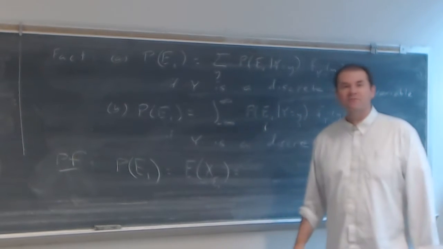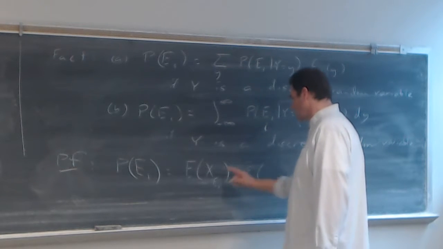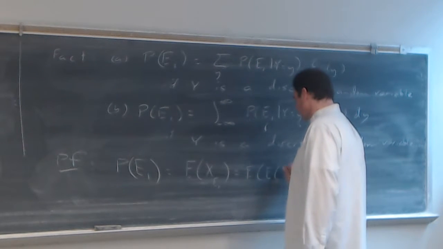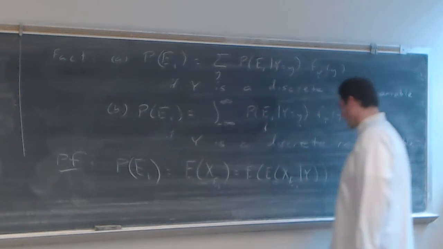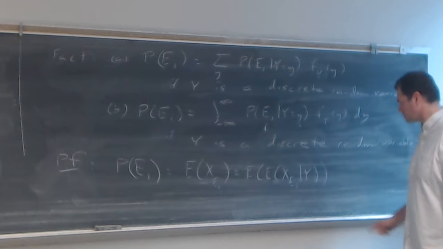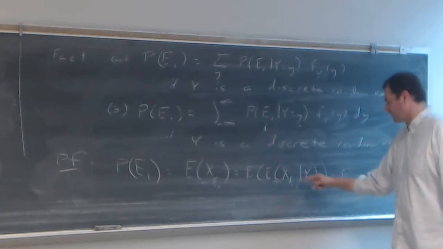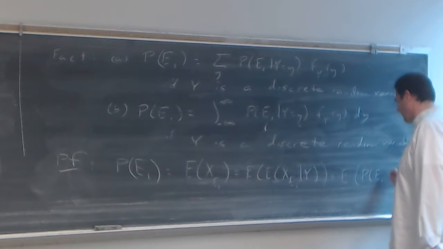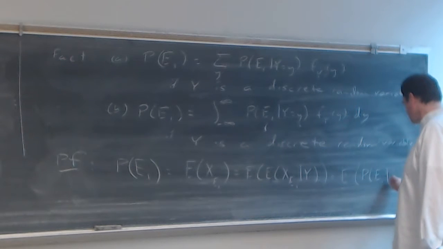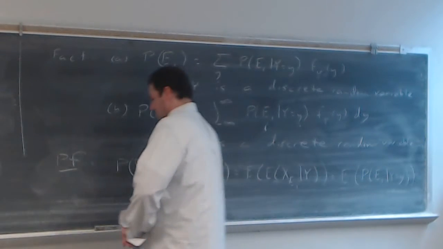And by a previous fact that we had about conditional expectations, this is the expected value of the expected value of X sub E sub 1 given some random variable Y. We just had a fact about that. That's the expected value of the conditional probability of E sub 1 given Y equals y. And we think of this as a random variable, some function of Y.